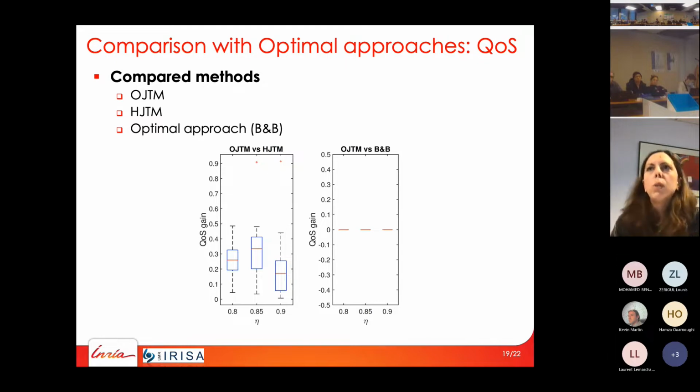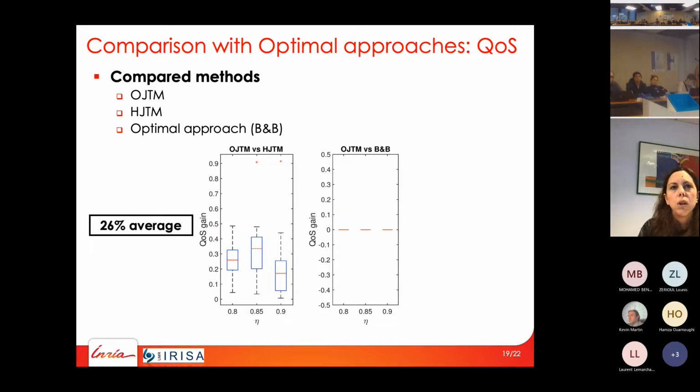Okay, so here we have the QoS for the proposed methods compared with the branch and bound. On the left, we can see the comparison of the optimal and the heuristic. Overall, the optimal has higher gains, and on average this is 26%. These are the box plots for all the n and all the m, so the number of cores and the number of tasks.